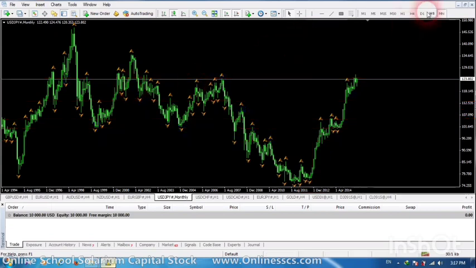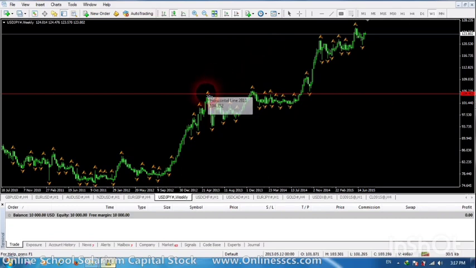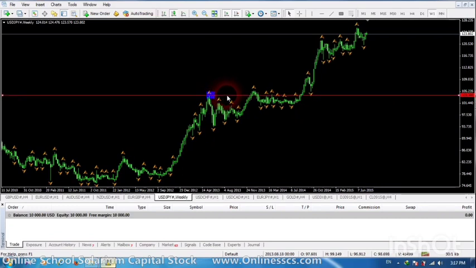I'm going to show you other examples and other charts so you can understand them better. For example, in here, yes, exactly here.